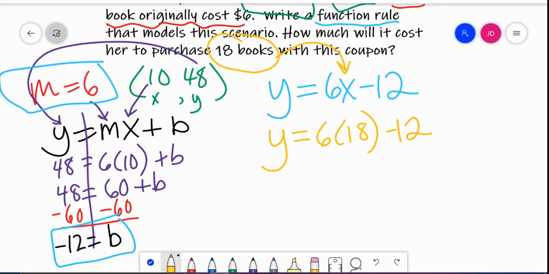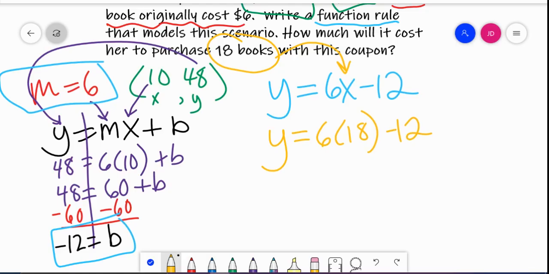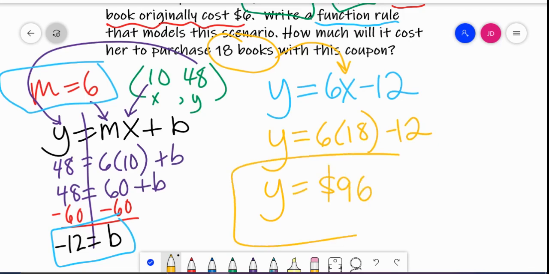And we can use our calculator. 6 times 18 minus 12. It is $96. So that's how much it cost for 18 books. Makes sense, right? 10 books cost $48. More books, more money. 18 books cost $96.